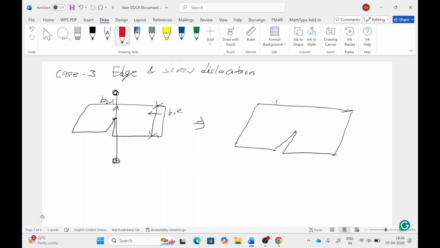the edge dislocation will be like this, and the screw dislocation. So both get displaced by each other.